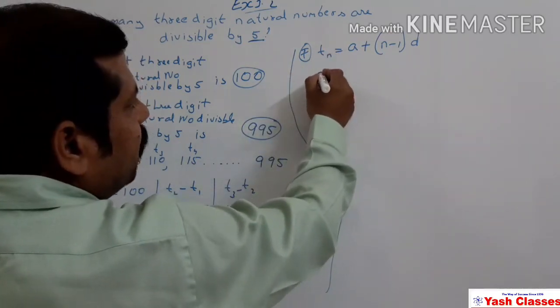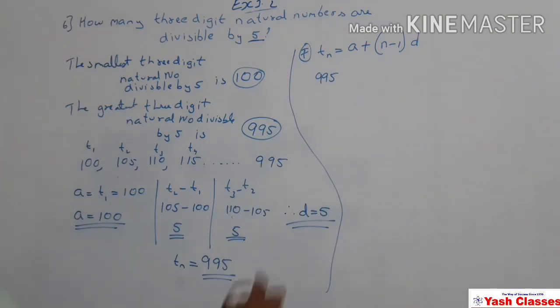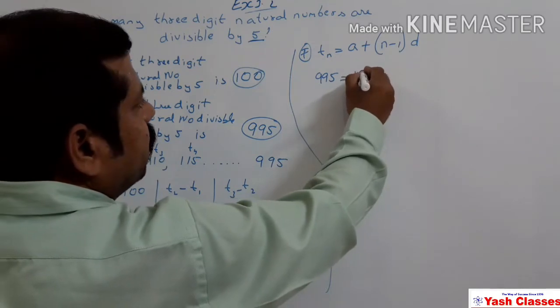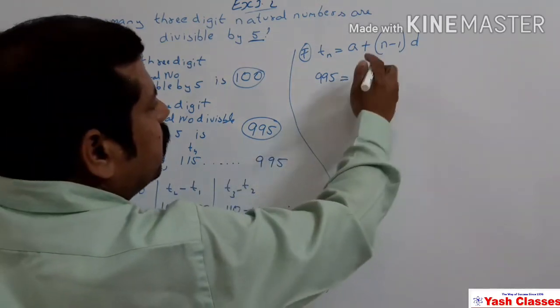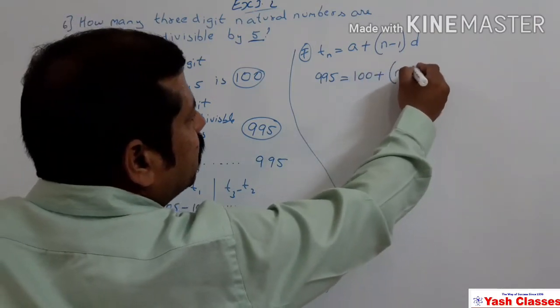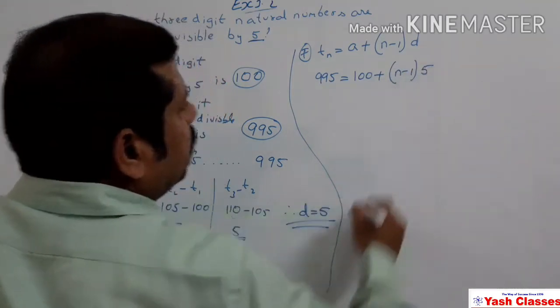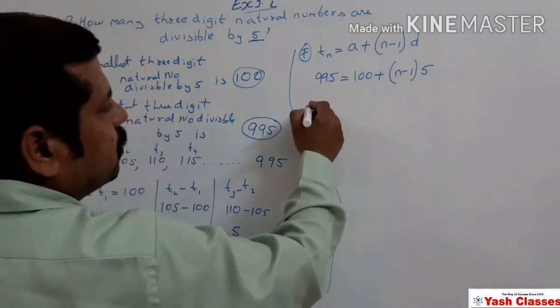Instead of Tn, we will write here 995. Tn is equal to 995. A, we got 100. A 100 plus (n, we don't know, minus 1), and D is 5. Now n minus 1.